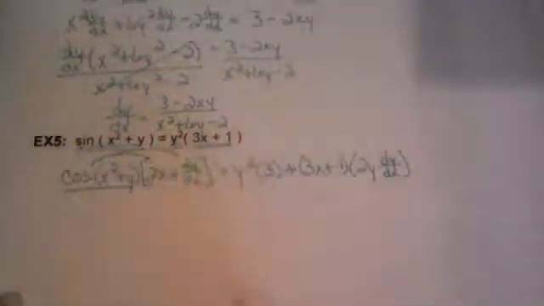All right. So over here on this left-hand side, remember this is a single term, so we do need to distribute that into our binomial here. So we're going to have 2x cosine of x squared plus y plus cosine of x squared plus y dy dx equals all of this other stuff.